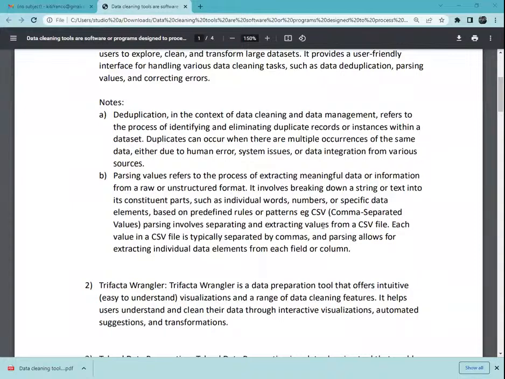So CSV, for example, we have Joshua, Aura, etc. So in my analysis, perhaps I may want to handle people using their surnames. So if I've got those comma separations, then I can easily give a command to the system to be selecting the surname, Aura, etc. for every person who is there. So that exactly is what we call parsing values.